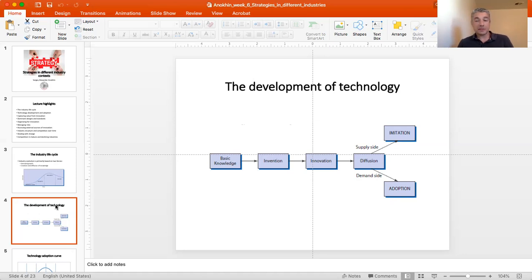Right? On the supply side, if there are indications that this new innovation is successful, you have imitation. And previously we talked about how important it is to protect your business from imitation and how you do that, how you disguise your performance, how you try to implement causal ambiguity and tacitness and all of that. On the demand side, what helps with diffusion is adoption by users.